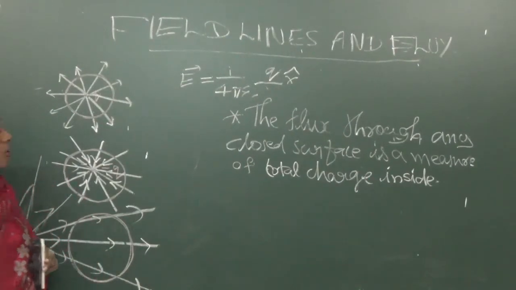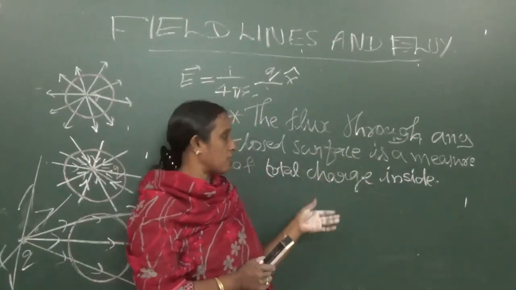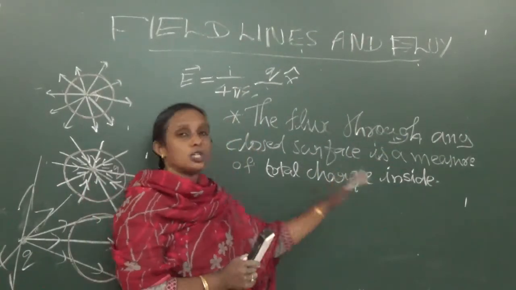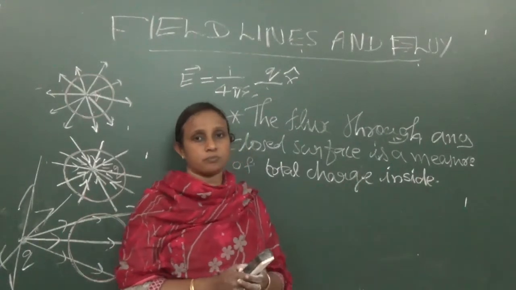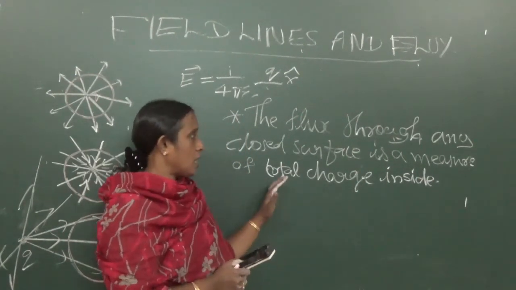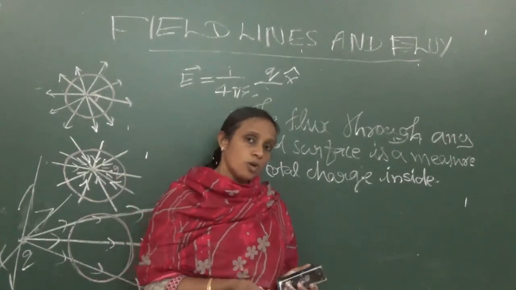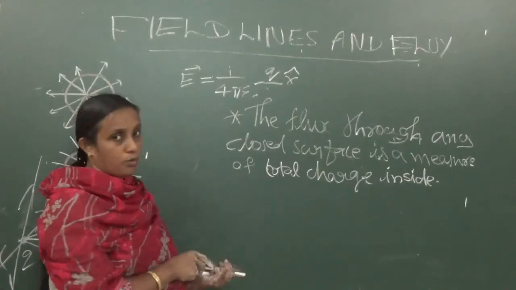So we can conclude that the flux through any closed surface is a measure of total charge inside. I think you get how we can measure this thing. Now you can quantitatively find this out.